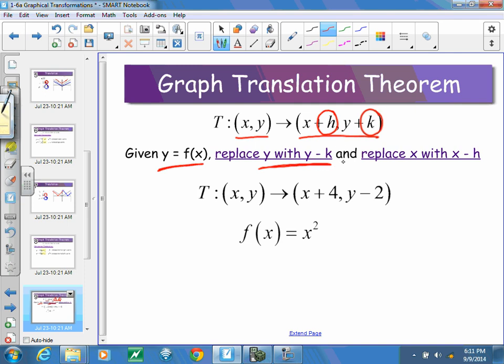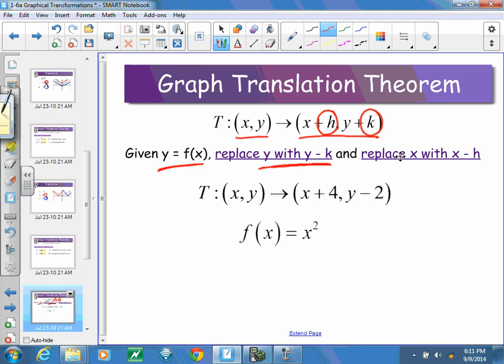If you want to move to the right 5 units, we replace x with x minus 5, even though we want to move to the right. If we want to move our graph, say, left 4 units, I'm going to replace x with x minus h, which would be x minus a negative 4, and I would end up with x plus 4.